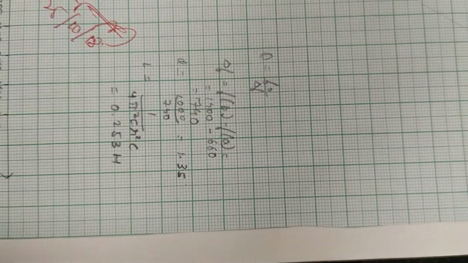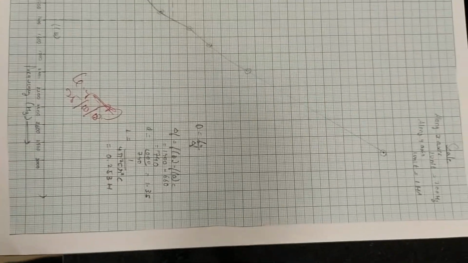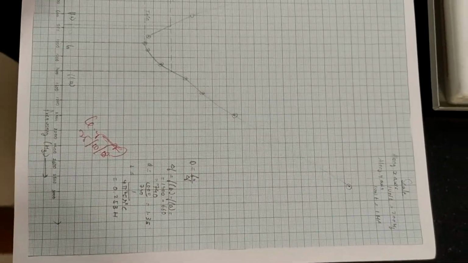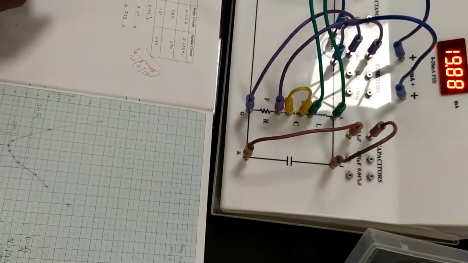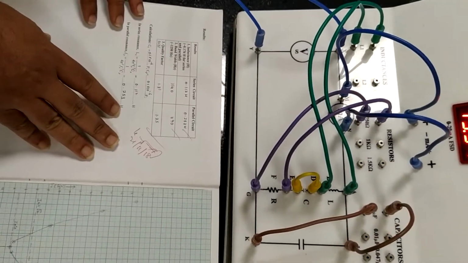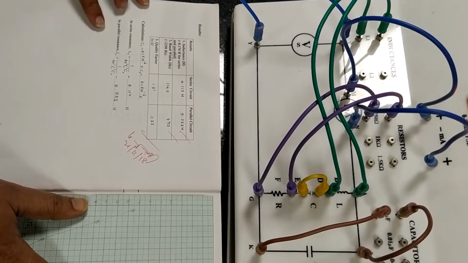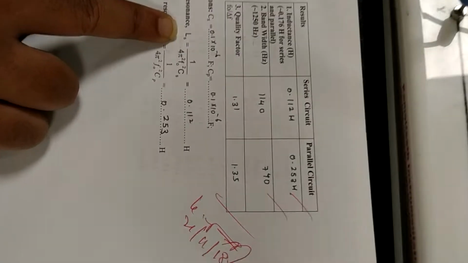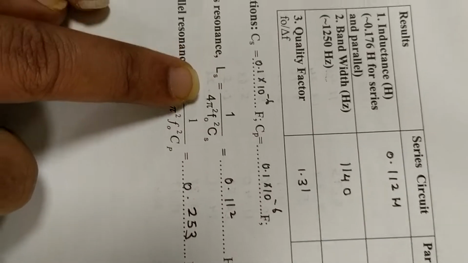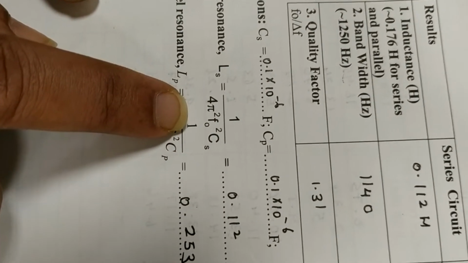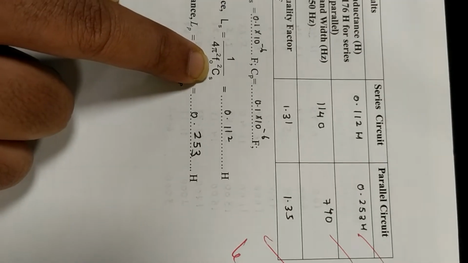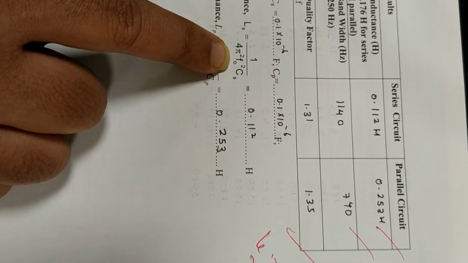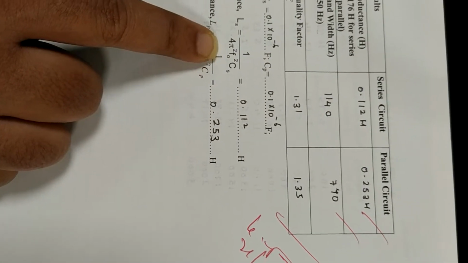So this is how we study the frequency response of a series and parallel LCR circuit. To find the inductance, I use a formula. In series, Ls is equal to 1 over 4 pi square F naught square Cs, that is, the capacitance in series, where F naught is the resonance frequency.